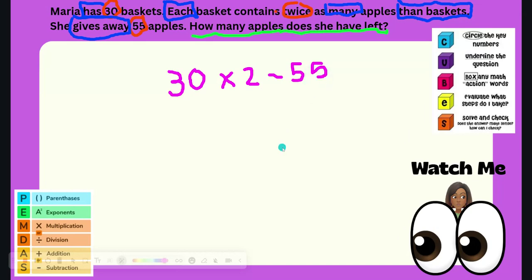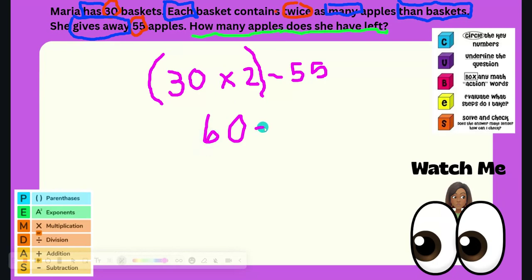Now, I don't have any parentheses on here, but I know that in order to figure out how many she has left, I'm going to have to do something first. I need to figure out how many apples there are first, right? So 30 times 2 is going to help me figure out how many apples there are first. Now I can follow my steps. 30 times 2, well, 2 times 0 is 0. 3 times 2 is 6, so that is 60.